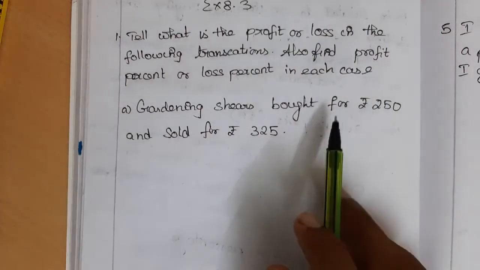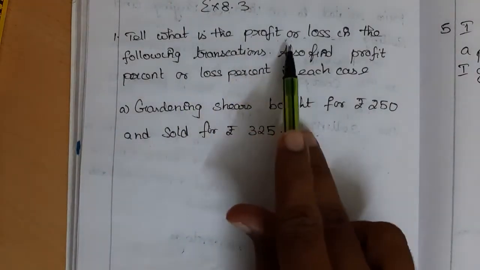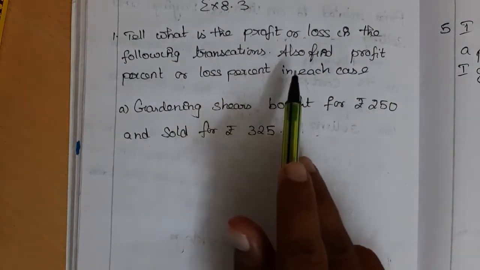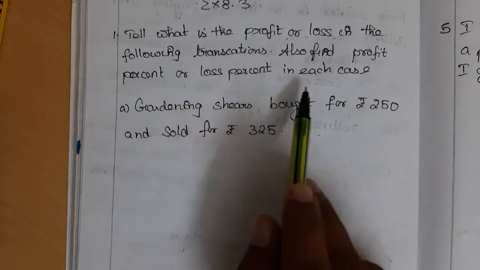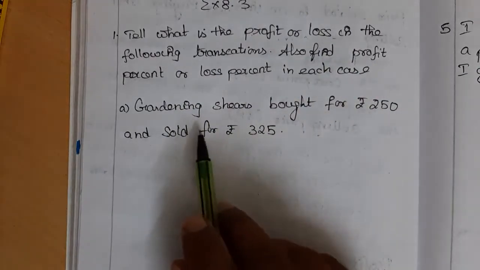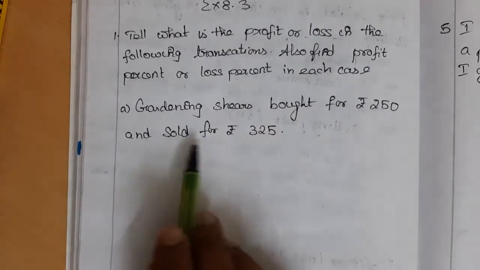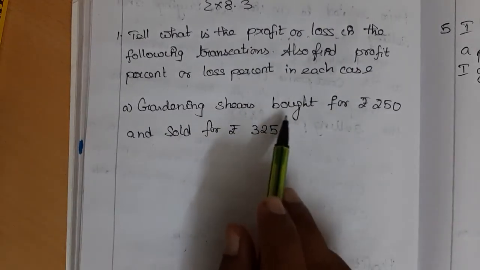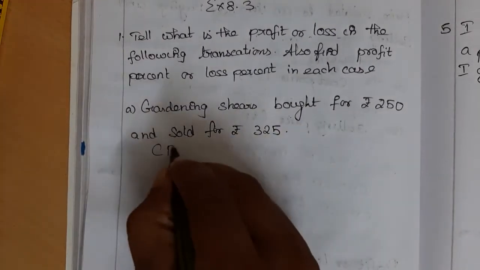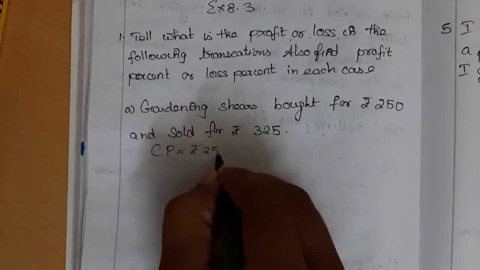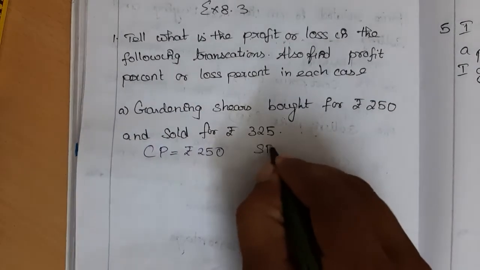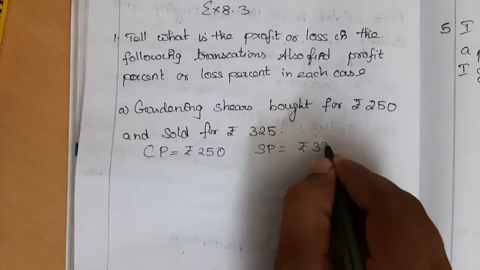Now we are going to find the problems. Tell what is the profit or loss in the following transactions. Also find the profit percent or loss percent in each case. A share bought for 250 and sold for rupees 325. The buying price is the cost price, rupees 250, and the selling price is rupees 325.